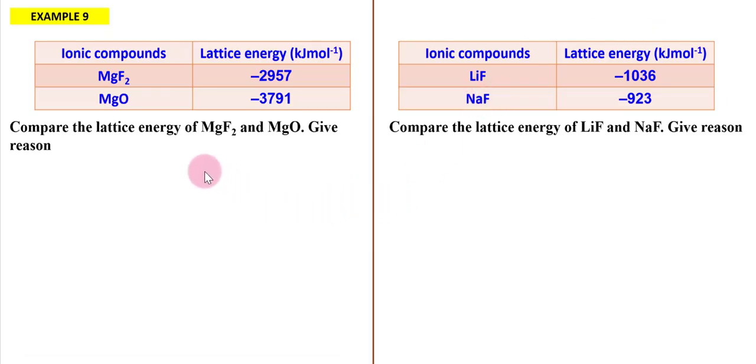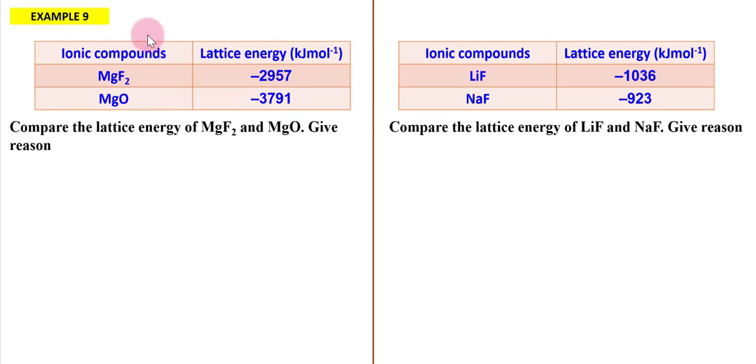So let's have a look at this example. Compare the lattice energy of magnesium fluoride and magnesium oxide. Give your reason. The one that is different here is the fluoride and the oxide.